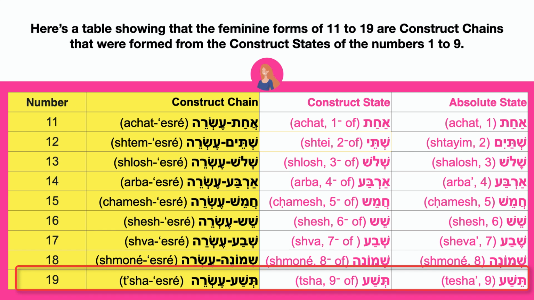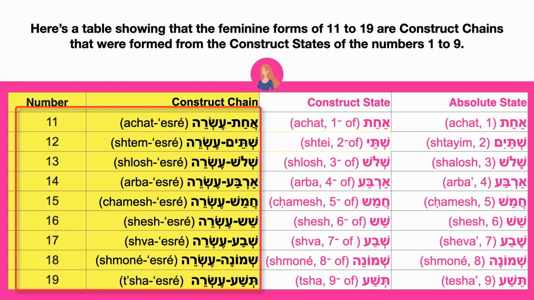So it's tesha esre, the 9 plus the 10, both in the feminine forms. So: achat esre, shtem esre, shlosh esre, arba esre, chamesh esre, shesh esre, shva esre, shmone esre, tesha esre.